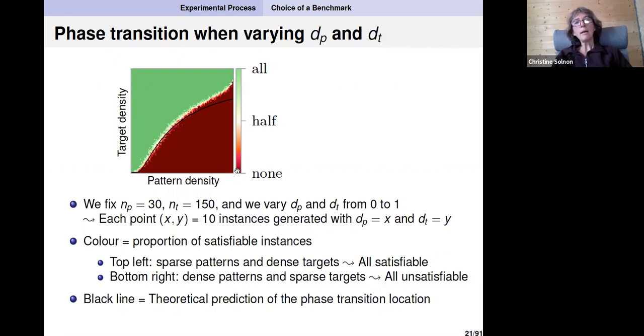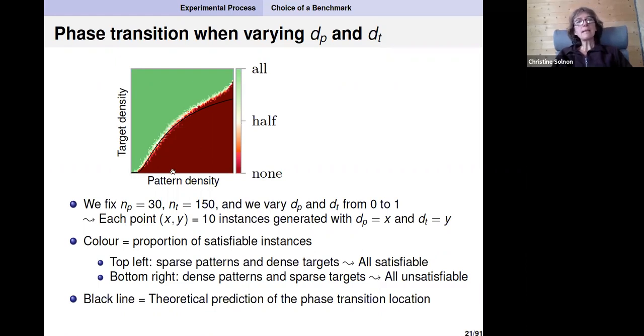And the color here is brown if there is no solution, green if all instances have a solution, and white if half of the instances have a solution and half of the instances don't have a solution.